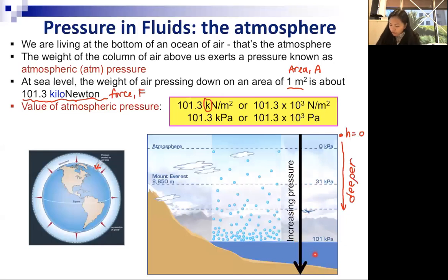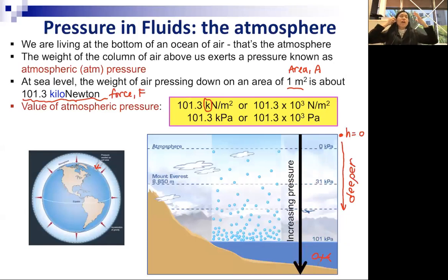Even if you go swimming and dive, for example, a person swimming in the ocean will feel more pressure as he goes deeper, because the pressure increases as we go deeper.